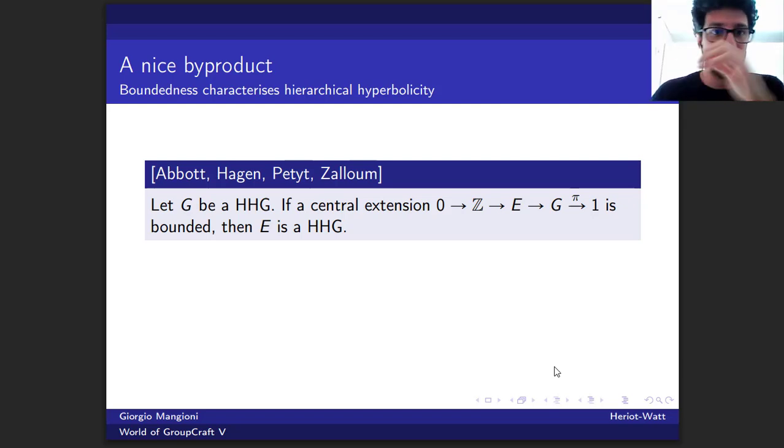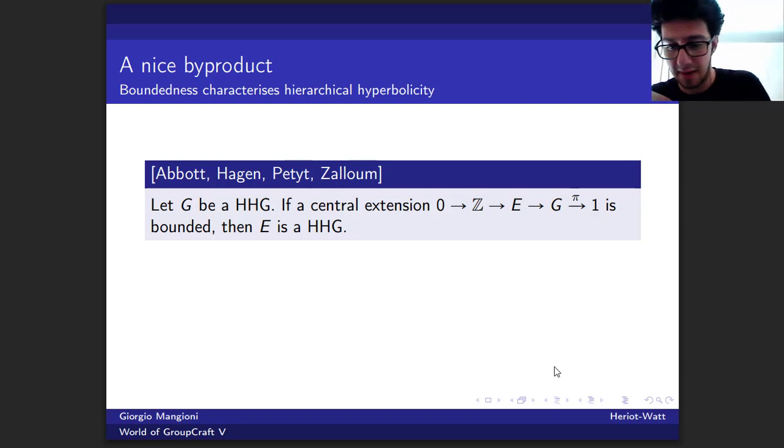And in a paper of Abbott, Mark Hagen, Harry Petyt, and Abdul Zalloum, they proved that if a central extension with the base group being hierarchically hyperbolic is bounded, then E is hierarchically hyperbolic itself.